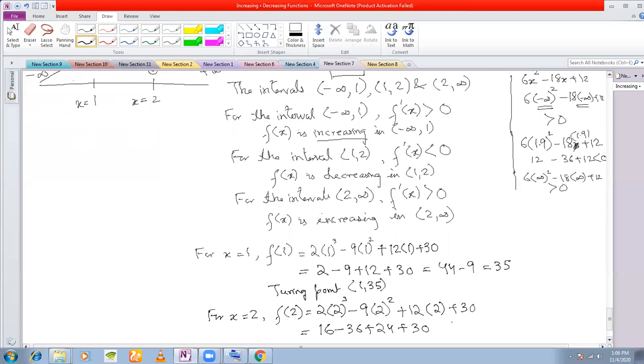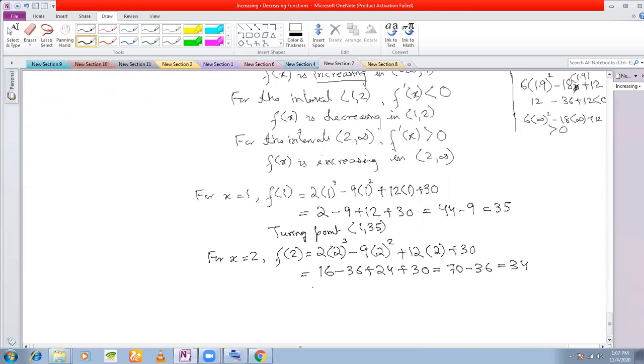How much is this? 54 plus 16 is 70. 70 minus 36 is 34. So what is the next turning point? It is 2 comma 34. Understood? This is how you determine the turning points.